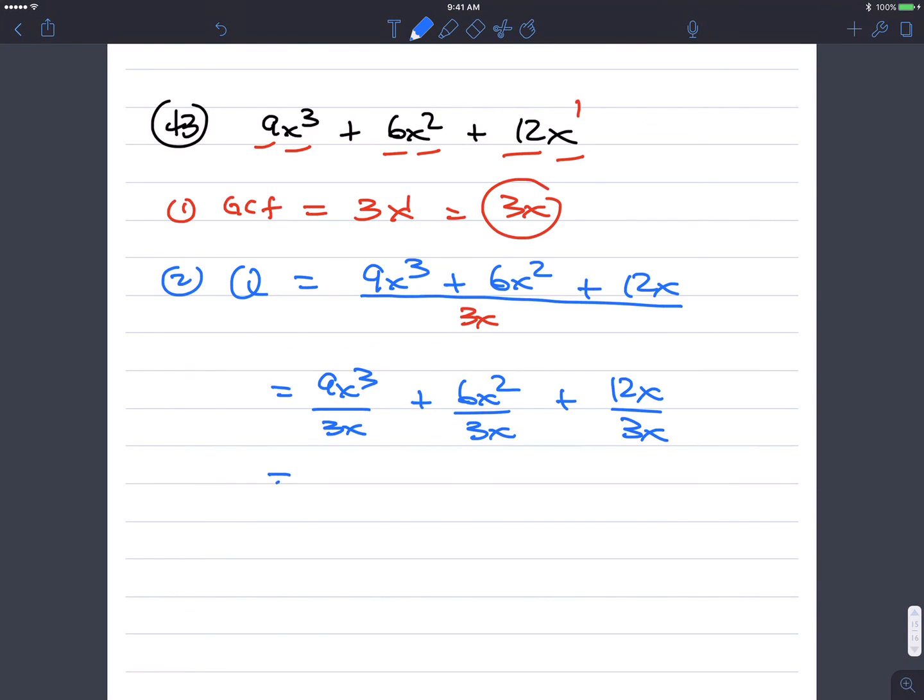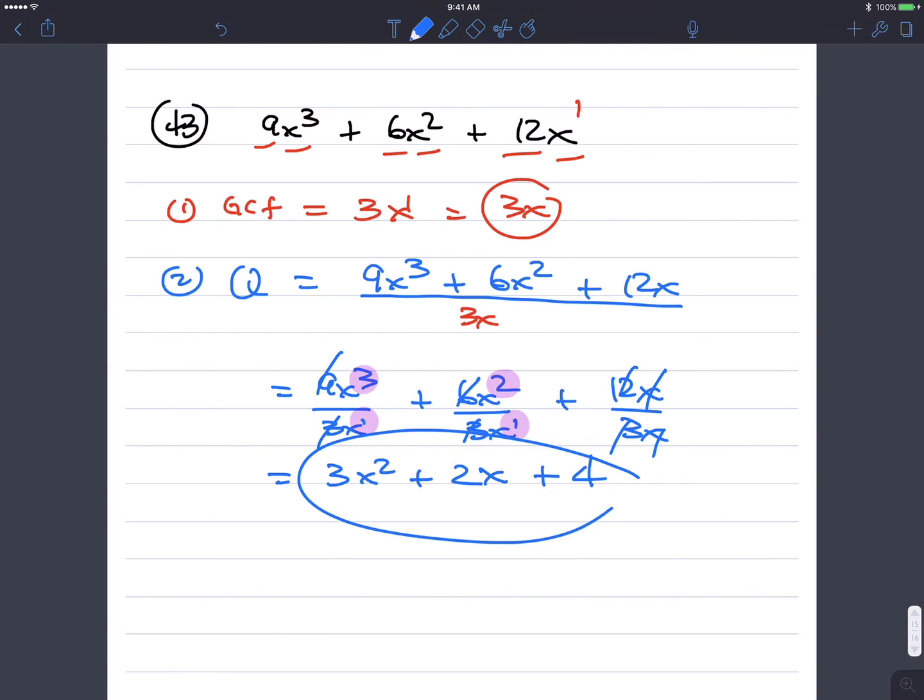Now let's do our division. 9 divided by 3 is 3. Remember, x cubed over x to the 1st, right? X squared. 6 divided by 3 is 2. X squared divided by x to the first, x.